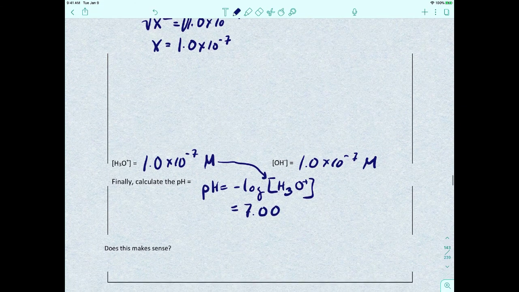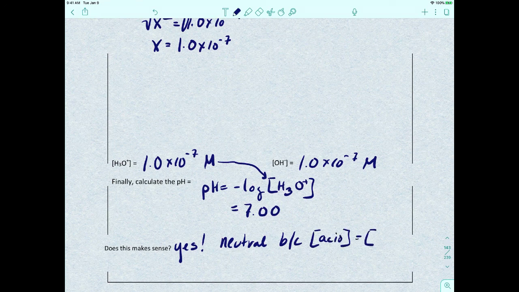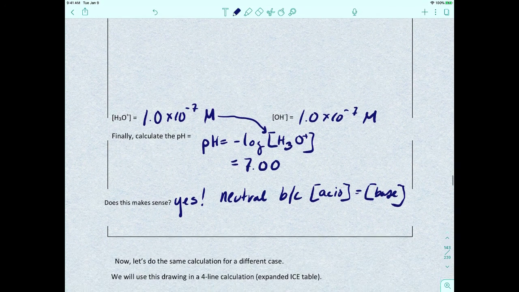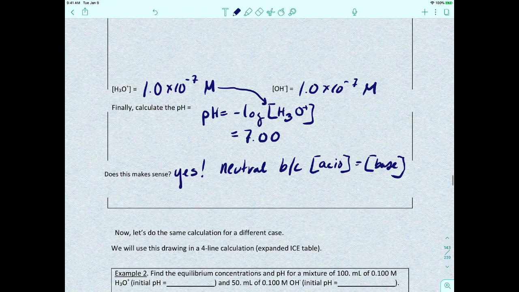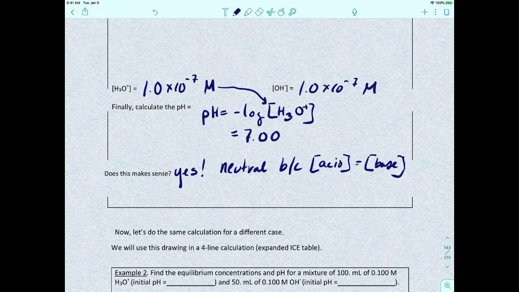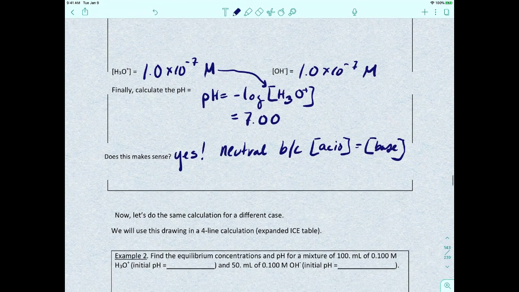So yes, does this make sense? Absolutely, yes, it does. Okay, because it's neutral. It's neutral because the concentration of acid equaled the concentration of base. So they completely neutralize each other. Now, what did we say about the concentrations of the conjugates of the strong acids and strong bases? Those were ignorable. All right.